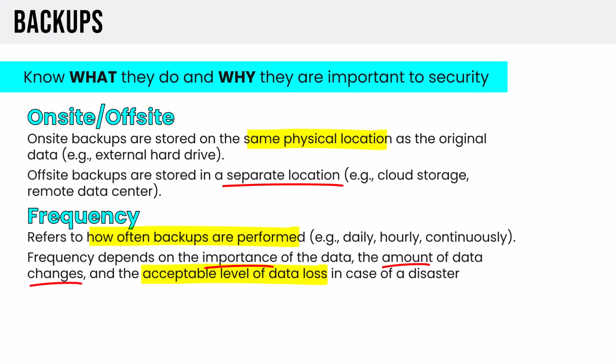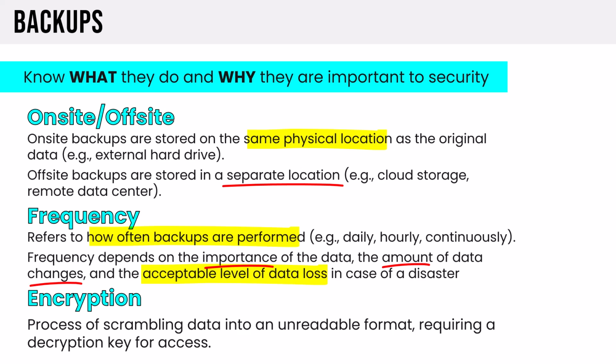And we'll talk about recovery time objective and recovery point objective, RTO and RPO, later in the series in some depth. But your backup strategy is going to be influenced by the amount of data you're backing up, the amount of data churn there, and how much time and data we can lose in case of a disaster and still resume business in a new location or on a new system.